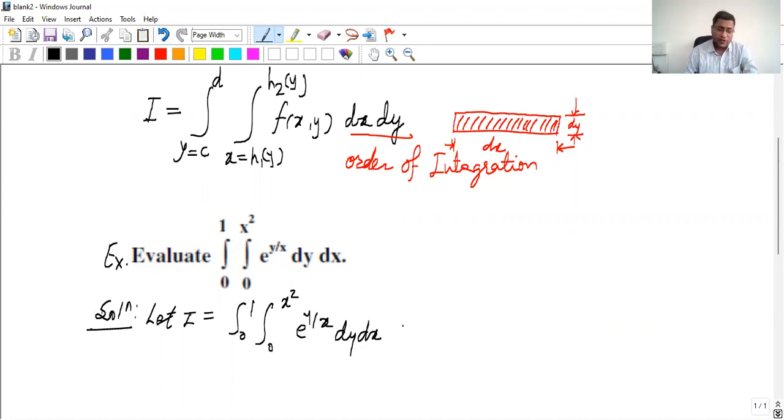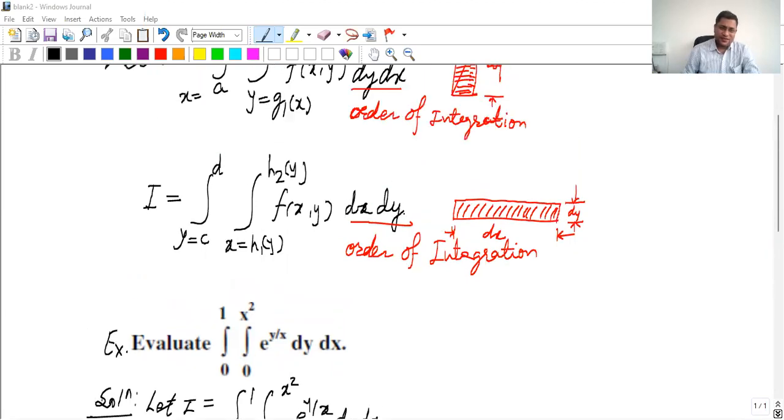First we need to understand the order. The first question is always what is the order of this integration. We have to see the limits. What variable can you see in the limits? x, 0 to x square.